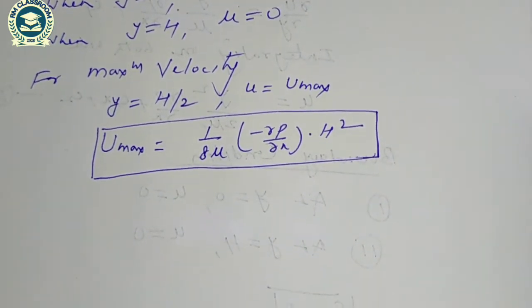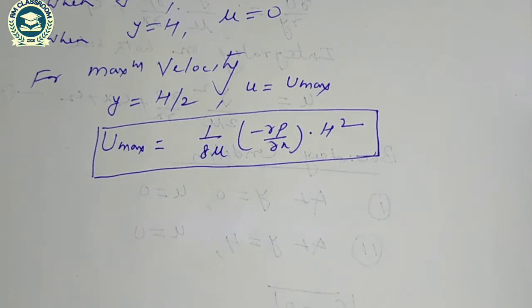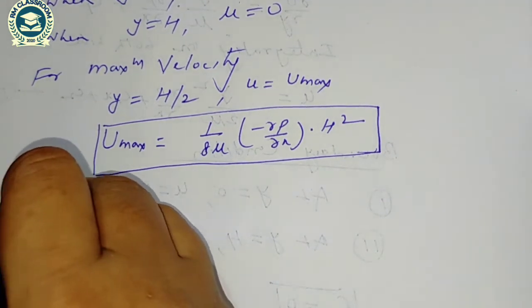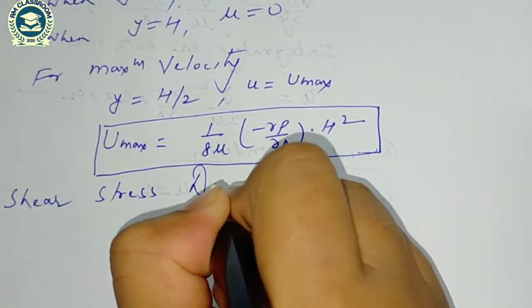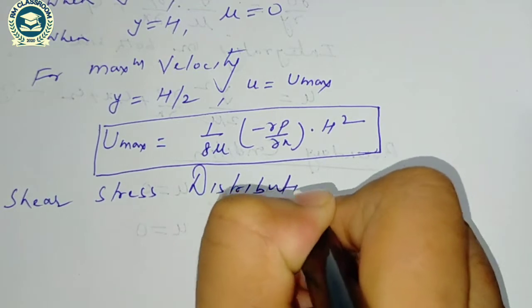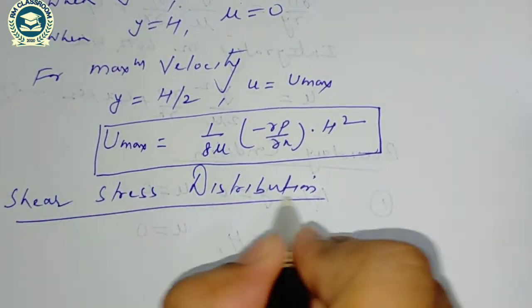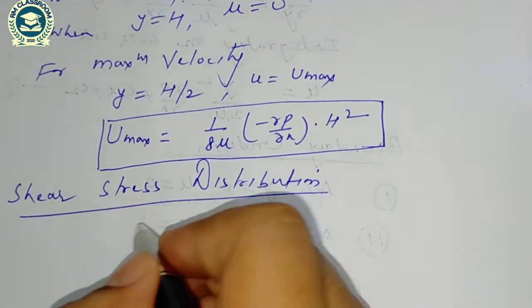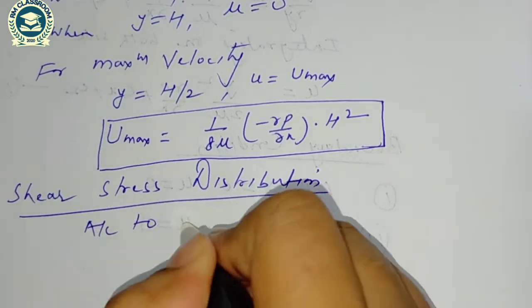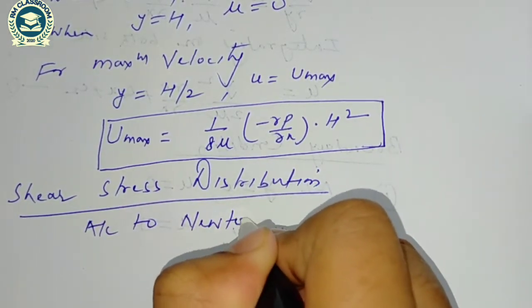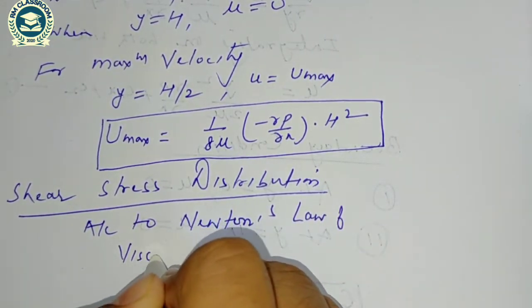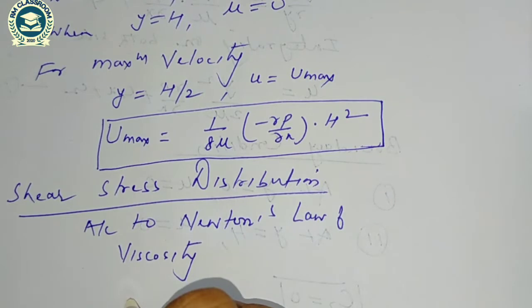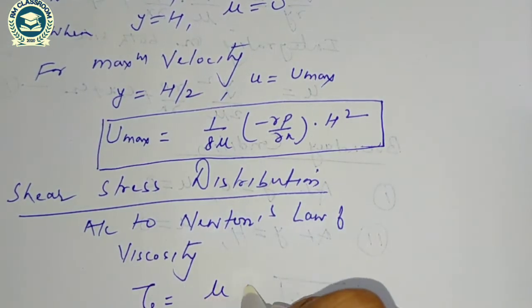Now I am interested to derive the expression of shear stress distribution. According to Newton's law of viscosity, we know shear stress tau is equal to mu into du by dy.